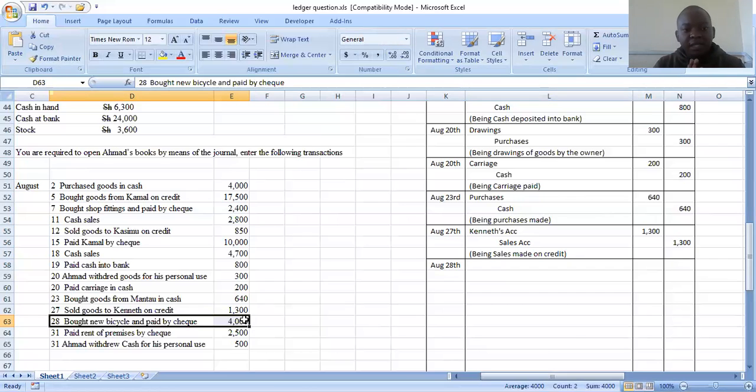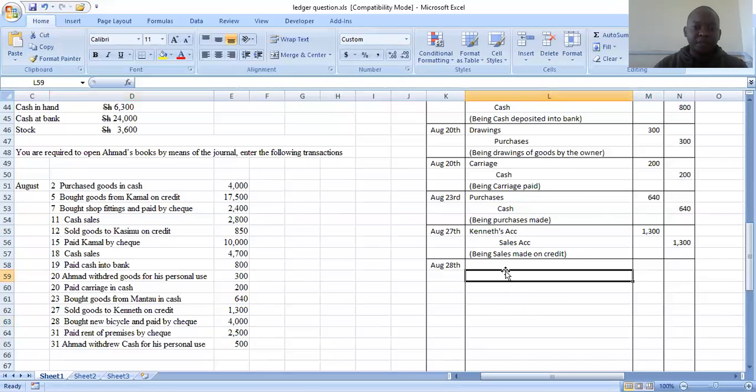The bicycle is coming in, so debit bicycle account, and the bank is going out, money is going out of the bank, so credit bank account. So debit bicycle account, and then credit bank account.